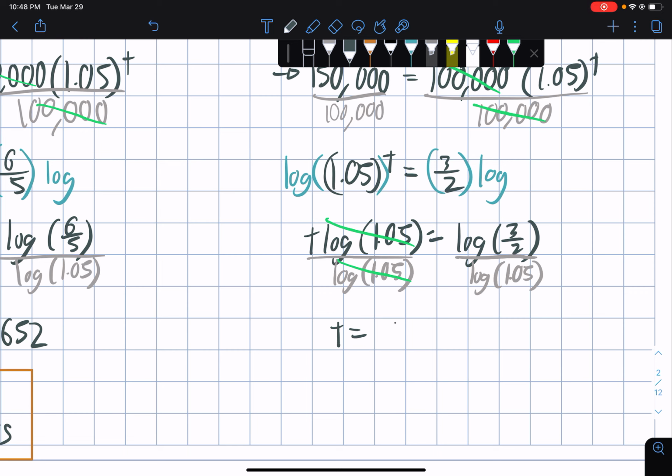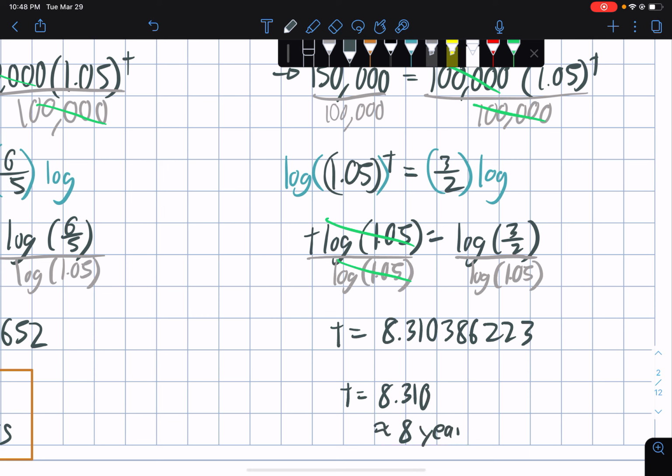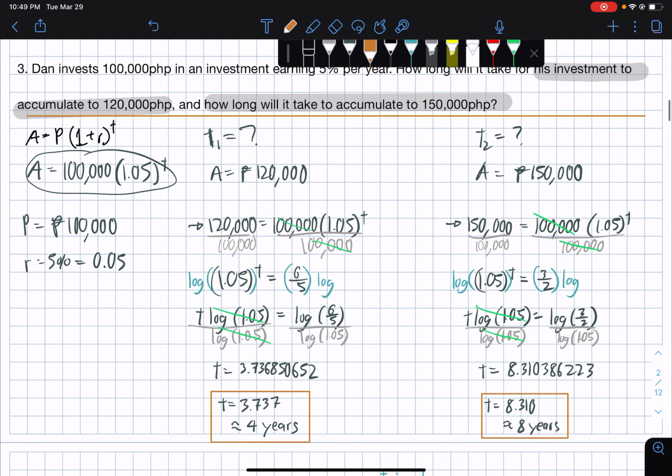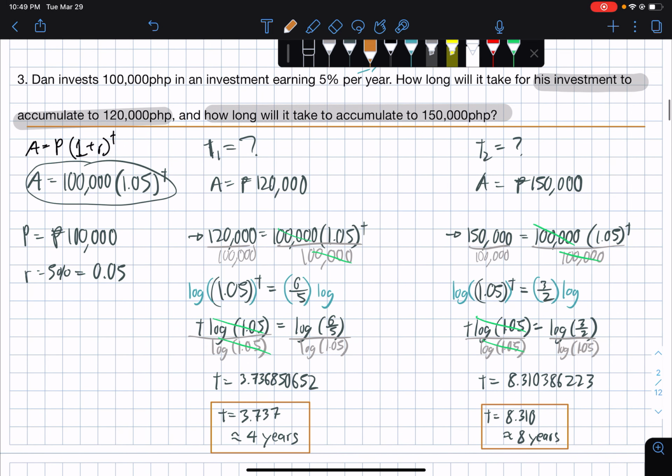Our answer is 8.310386223. T is equal to 8.310, or approximately just 8 years. It would take at least 8 years for the investment that earns 5% per year to accumulate to 150,000 pesos.